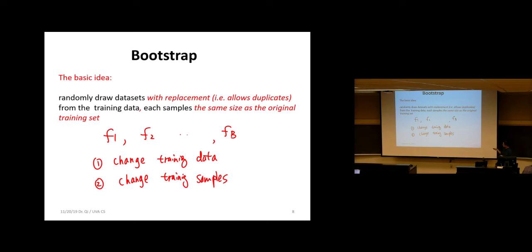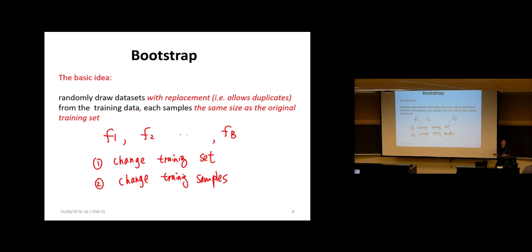And bagging is exactly using this. It changes the training set, but it doesn't change each specific sample. How do you change the training set? You sample by using subsamples, but I want my different base classifiers to work on the same size of training sets.